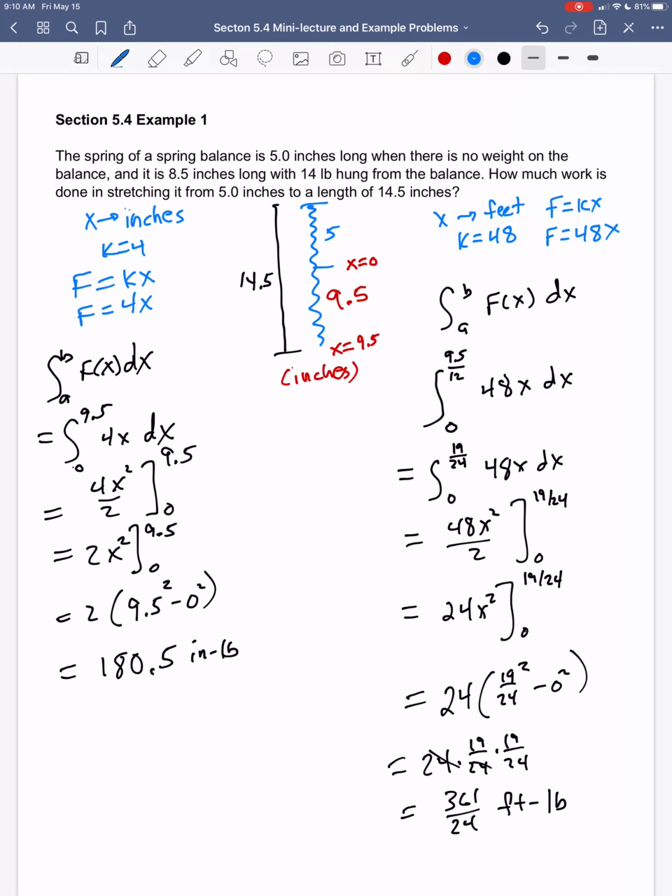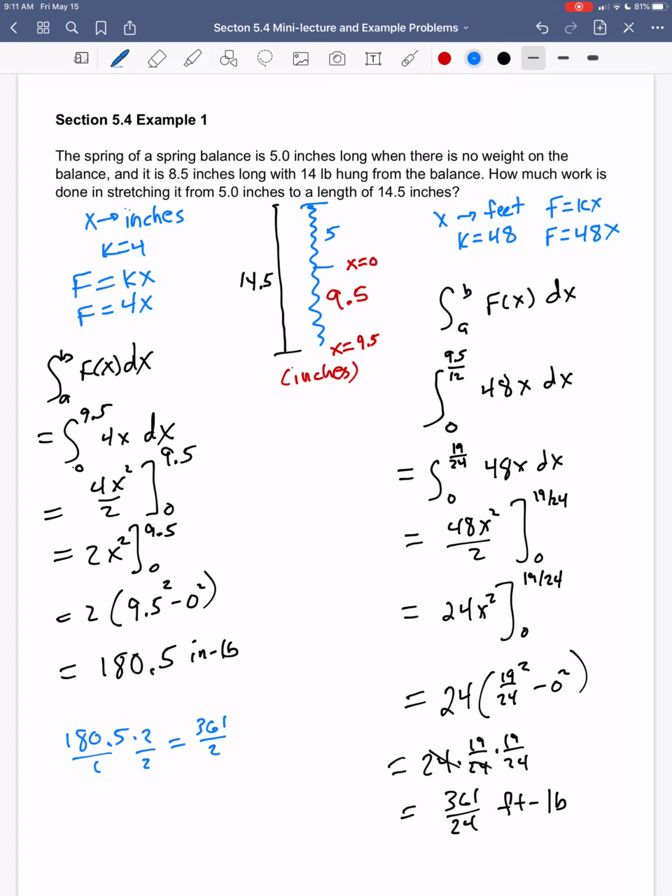Now, it's really not that big of a deal then when we think about this. If I take this 180.5 and I multiply top and bottom by 2, I end up getting 361 over 2, those inch pounds. And then, of course, how do I convert inches to feet? I have to divide by 12.